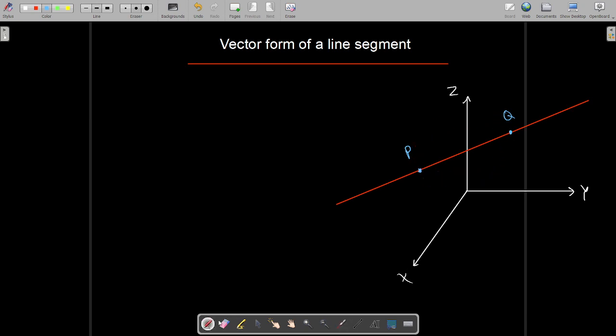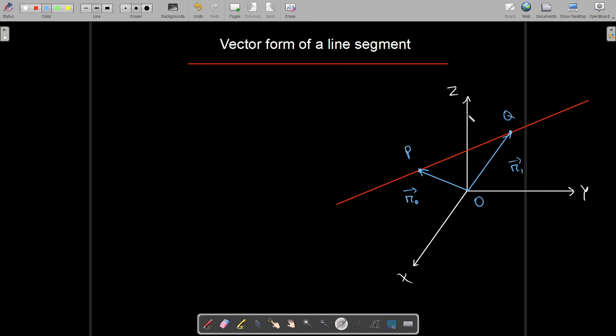So let me first consider a position vector. Let's say this is O point. So let me first draw a position vector OP. I'm taking a position vector OP. Let's name it by R0, and I'm taking another position vector OQ and I'm naming it by R1.